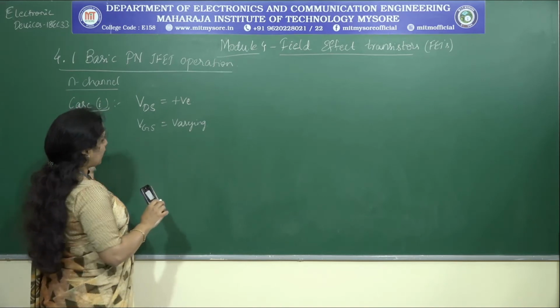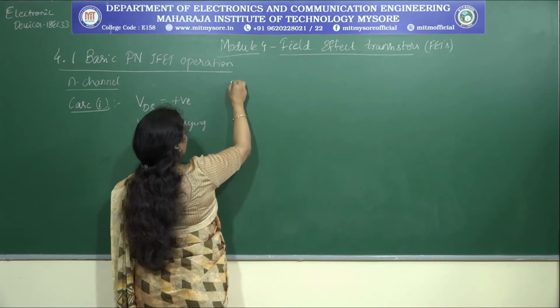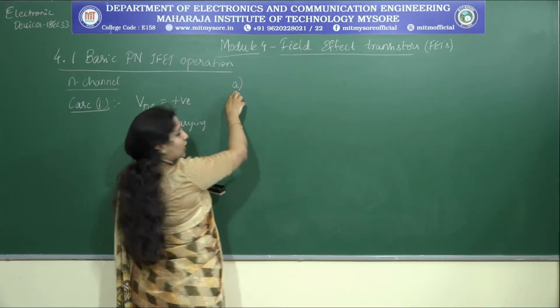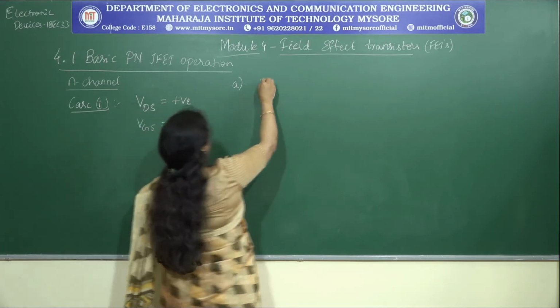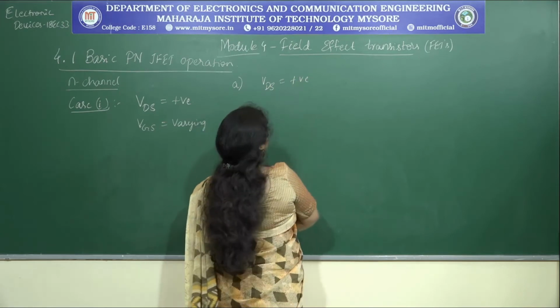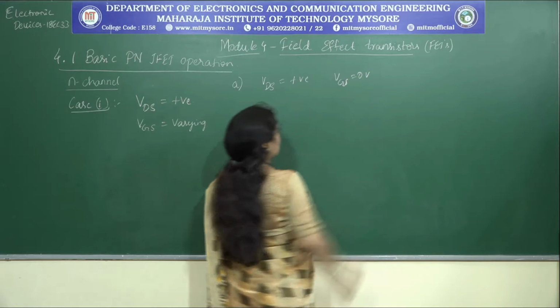Now under case 1, let me consider a first scenario, scenario A, wherein I am providing VDS as a positive value and VGS as 0 volts.